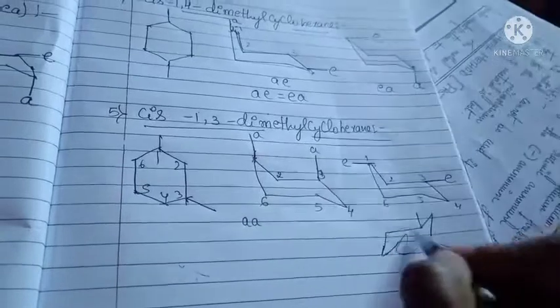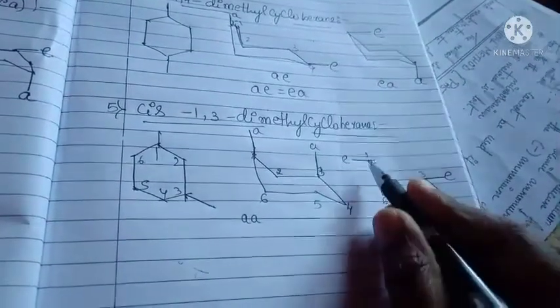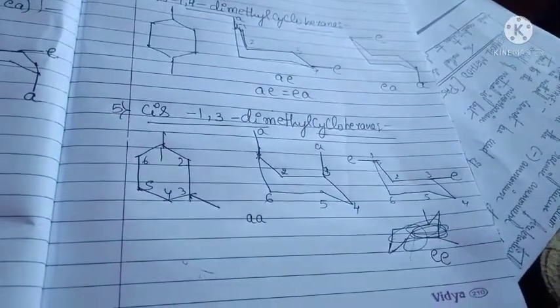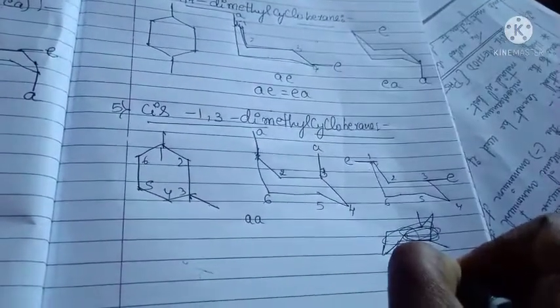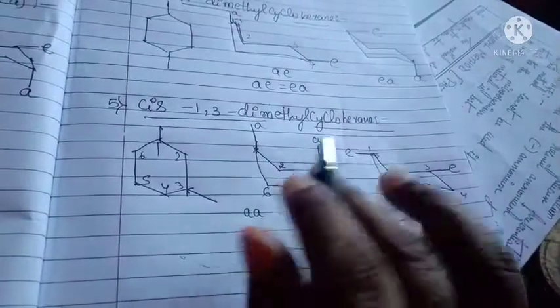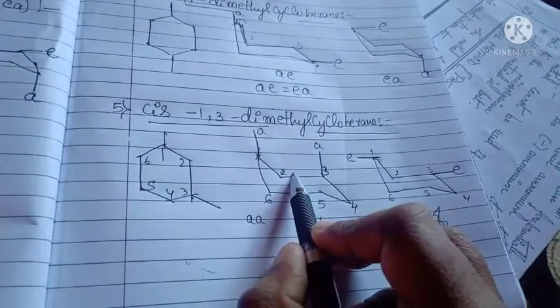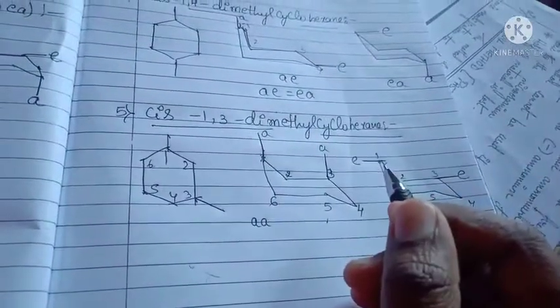Okay, they will give, but you can use like this. This will be the E and this is EE position, and it is in the above structure. EE is more stable than the AA substitution. Same reason. Okay, because there is presence of diaxial interaction in AA.